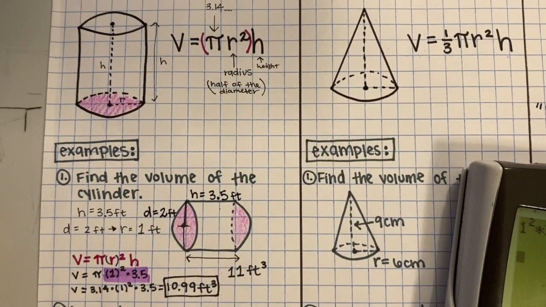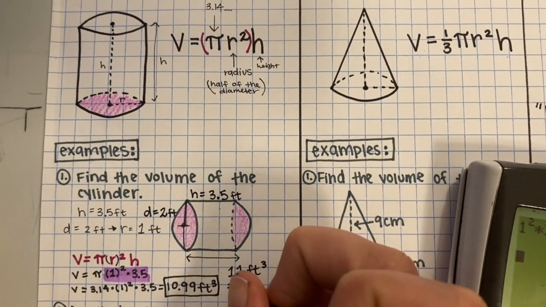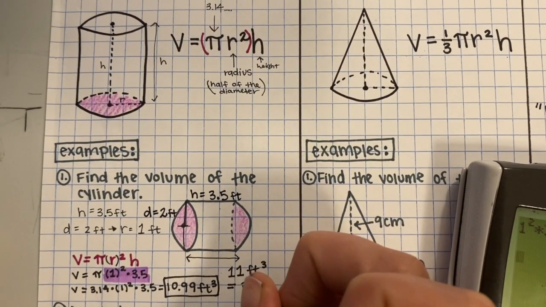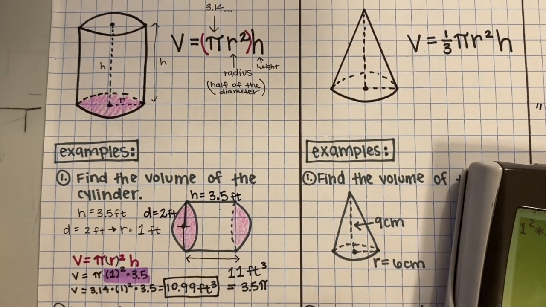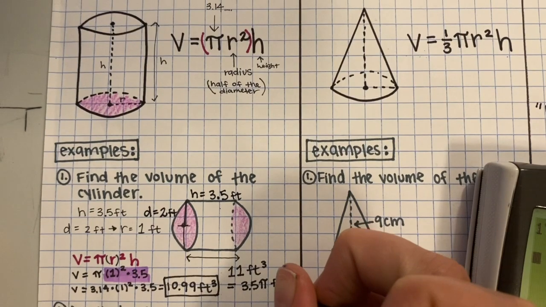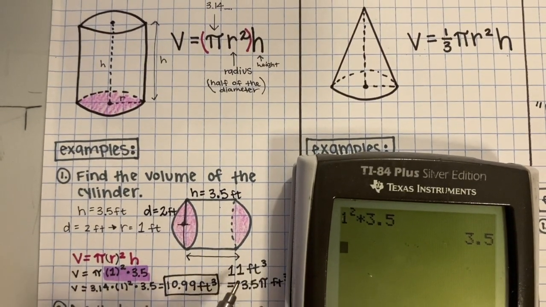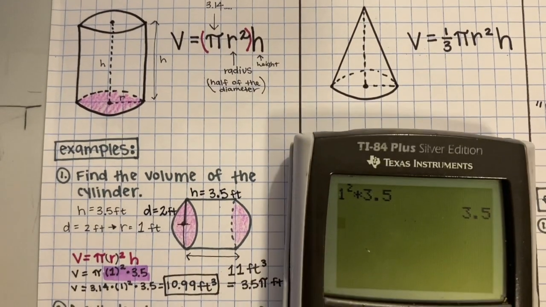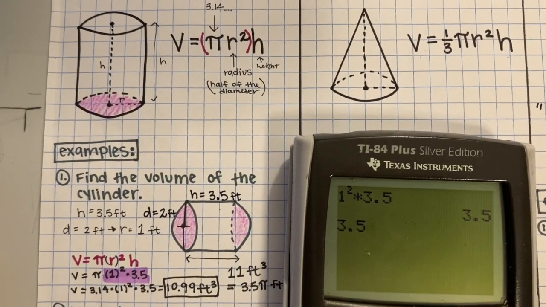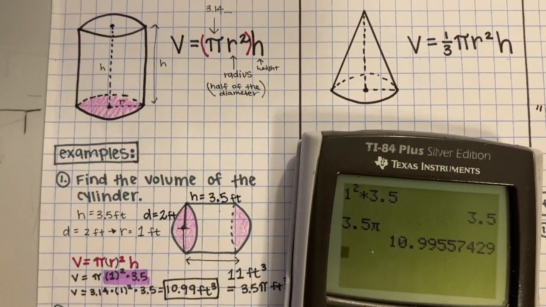And that means that I am just going to leave it in terms of pi. So 3.5 pi feet cubed. And that is the same thing as our other values. 3.5 pi, which is in terms of pi, is also the same thing as our 11 feet cubed.